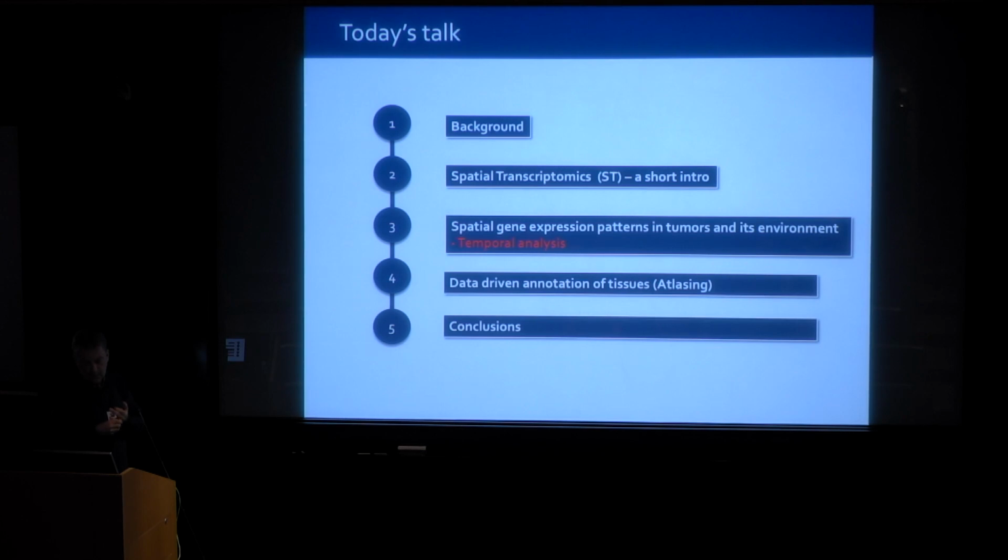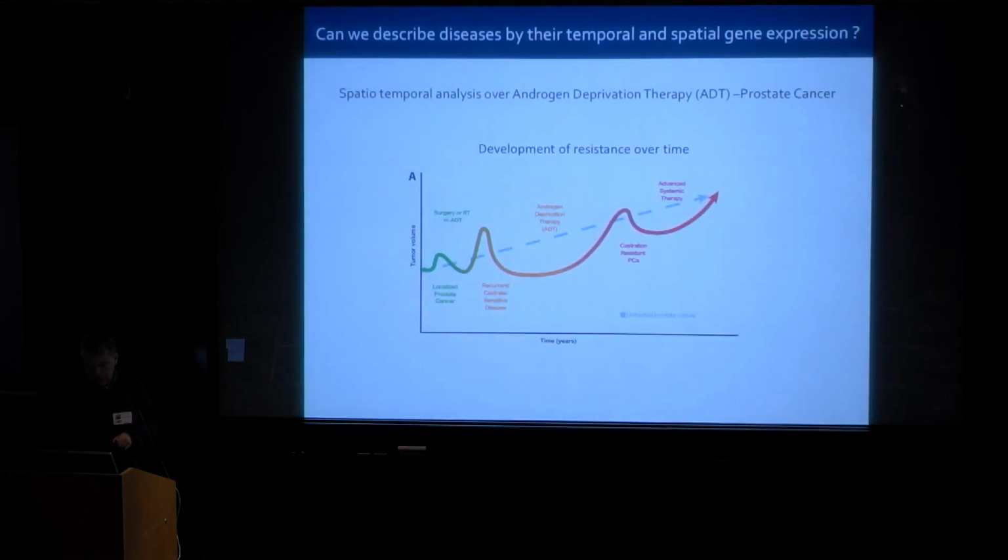Yes. So something that obviously is important, which we did also in the ALS story, was to think about time. How could that affect gene expression changes? And we have one example from the tumor world, which I will just go through shortly. So if you get prostate cancer, you identify it, you have a tumor volume here, and over time these will grow.